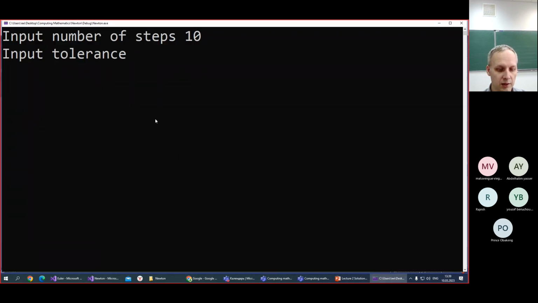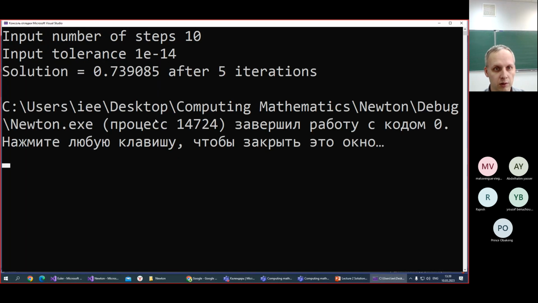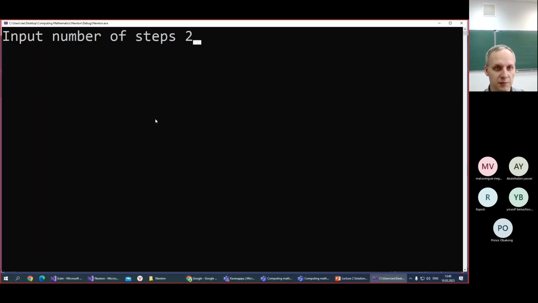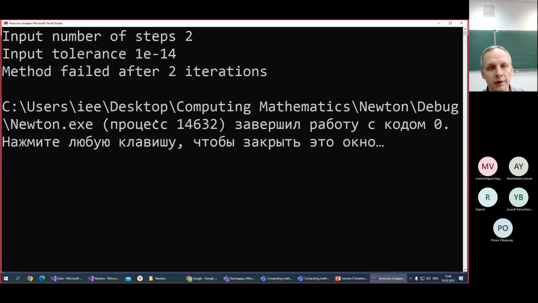Number of steps 10 and input tolerance 10 power minus 14. Again, just 5 iterations. But if the number of steps is 2 and tolerance is 10 power minus 14, 2 iterations is not enough to solve the problem. The method failed to solve the problem with tolerance 10 power minus 14.